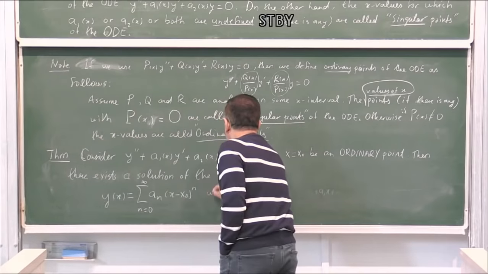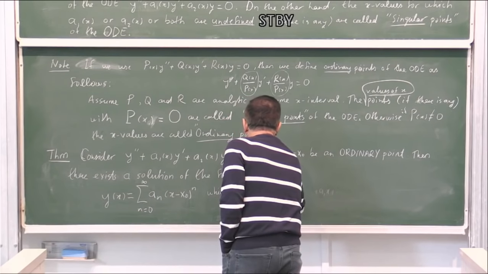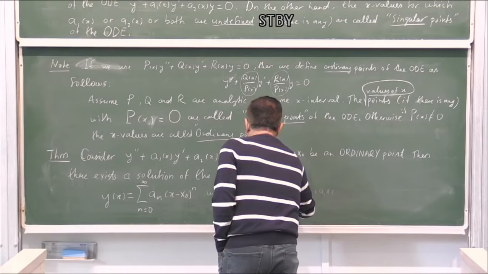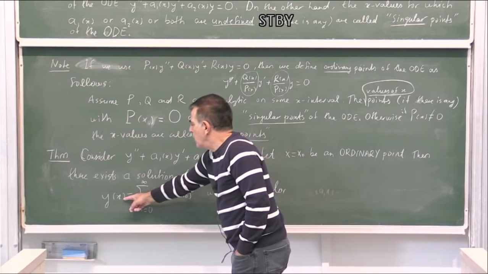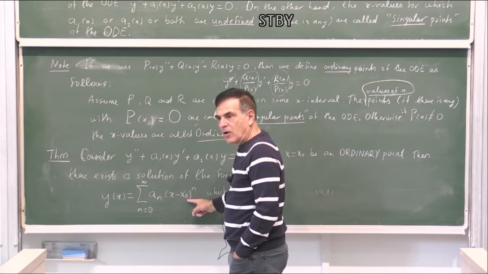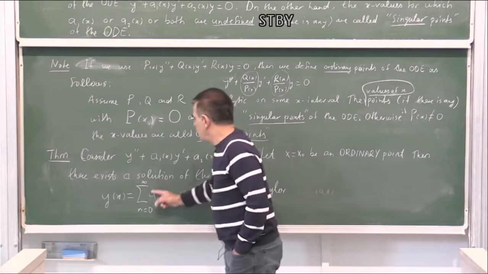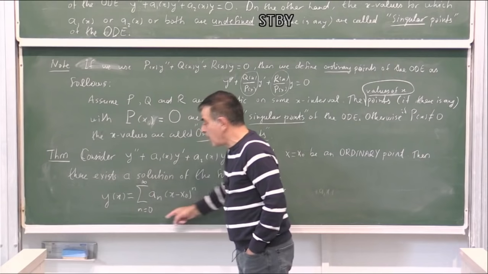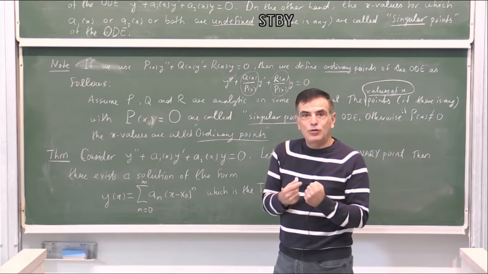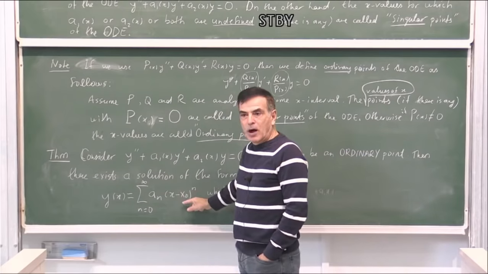Which is, look, the Taylor series representation of our solution about x0. So x0 is an ordinary point, so we expect that a solution may be characterized as a representation in terms of its Taylor series expansion about x0.